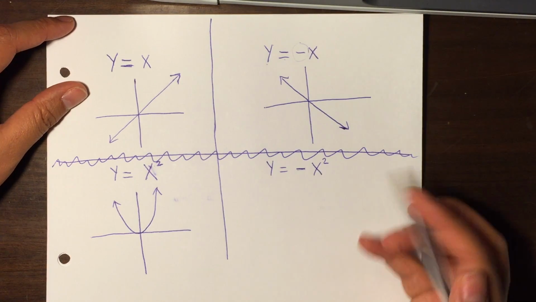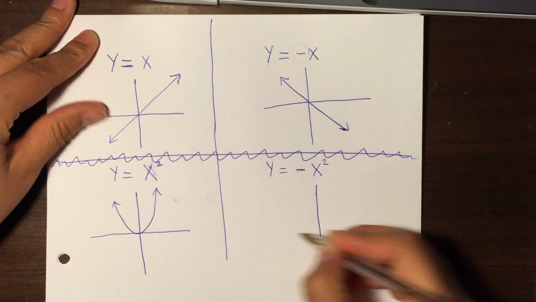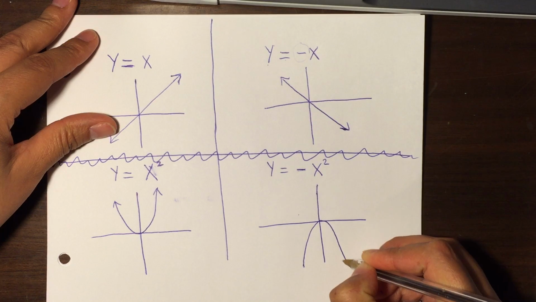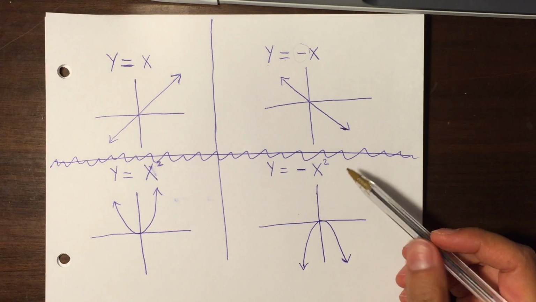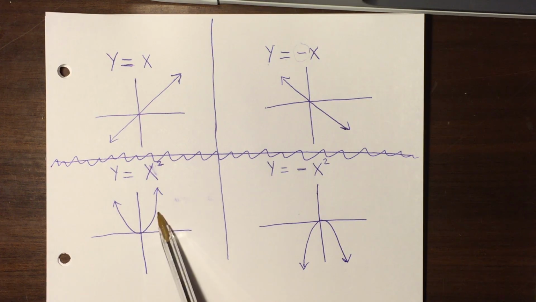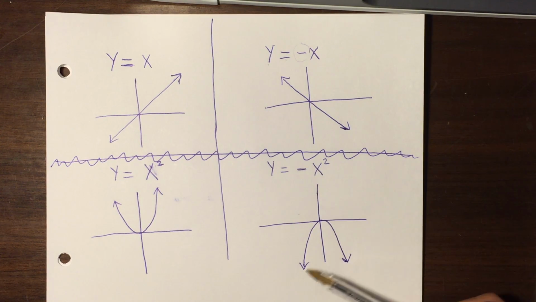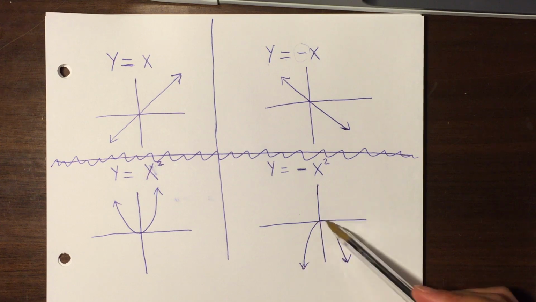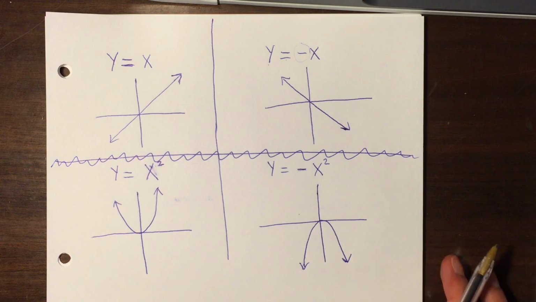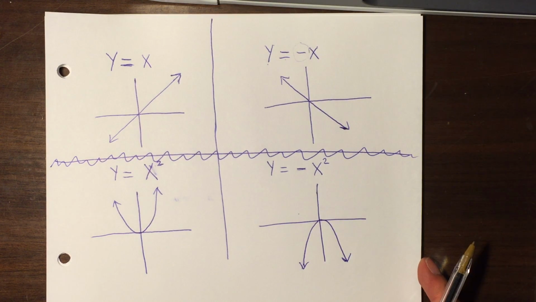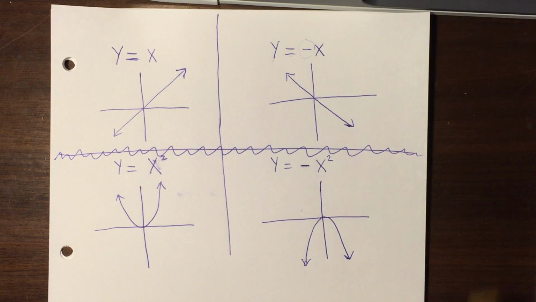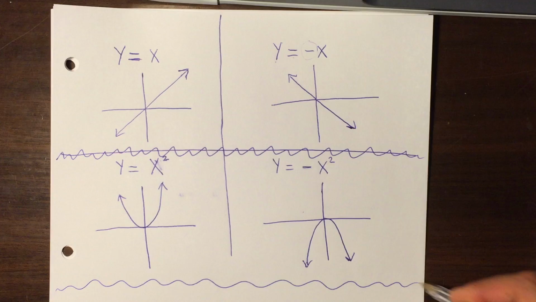But if it's negative, my graph will have a negative parabola. Okay? So positive, it's like a U opening up. If it's negative, it's like a backwards U. Okay? Opening down. Okay. So take a minute to pause it and take notes.